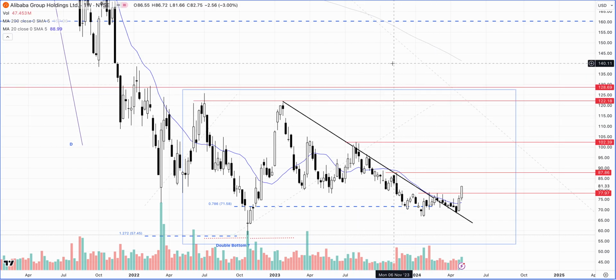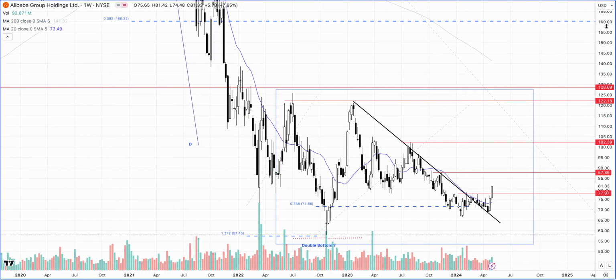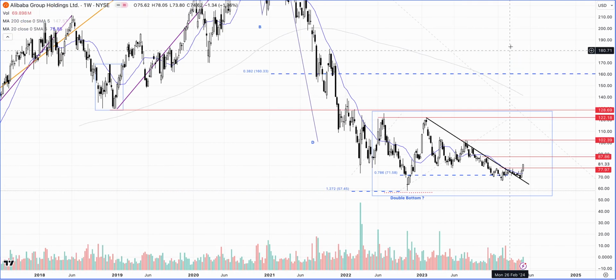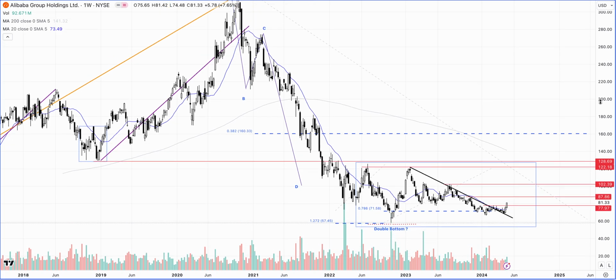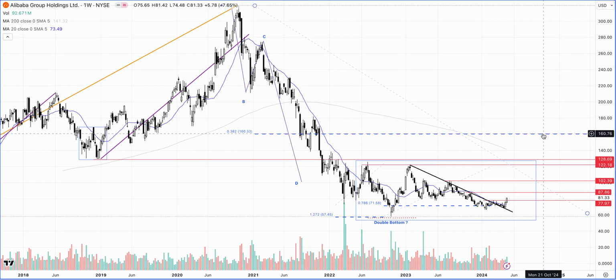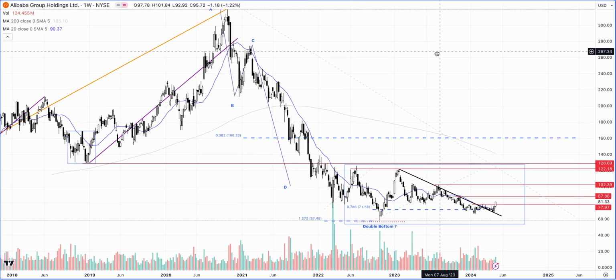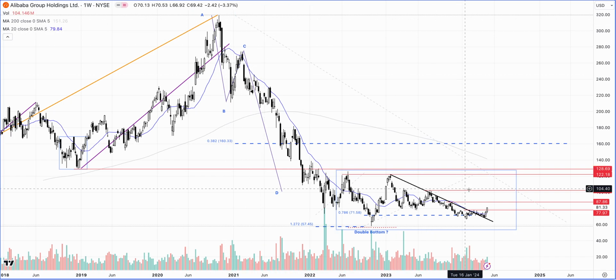And then above that, what the stock could do is come right to this level, around $160 per share level, which is going to be the 38.2% retracement, and that will also take the stock price above the 200-week moving average.